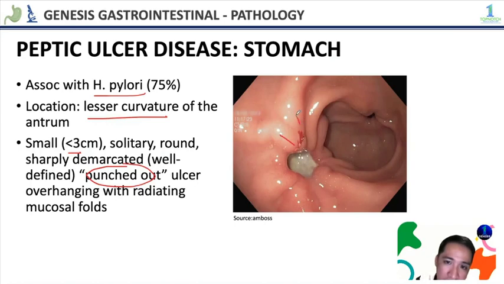You see here the radiating mucosal folds. That is the typical characteristic of ulceration in PUD. So do not forget, punched-out lesion with overhanging radiating mucosal folds. The most common complication again is bleeding, followed by perforation and obstruction.